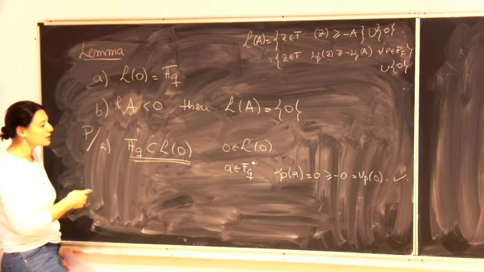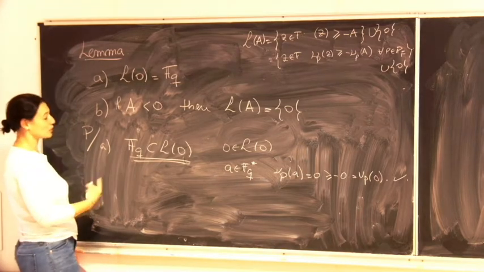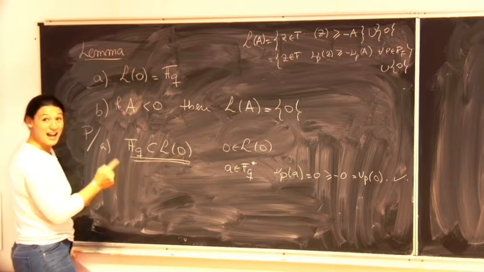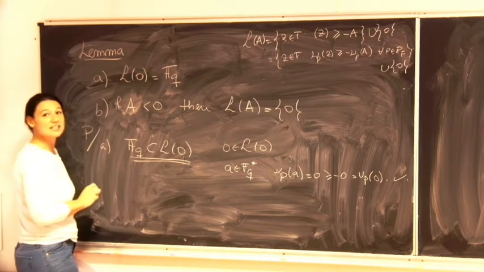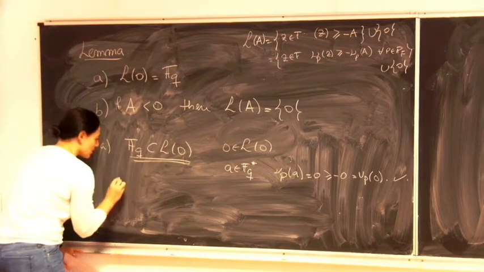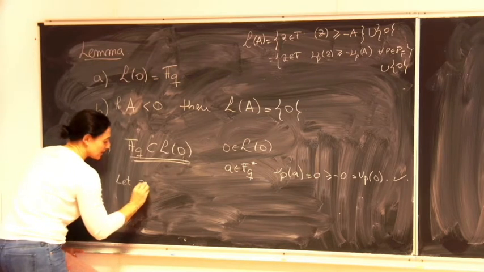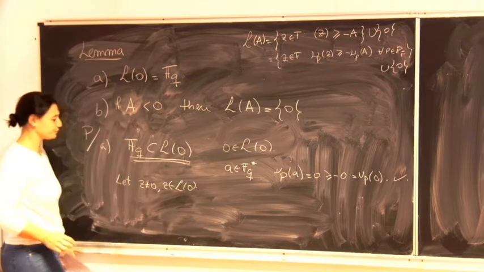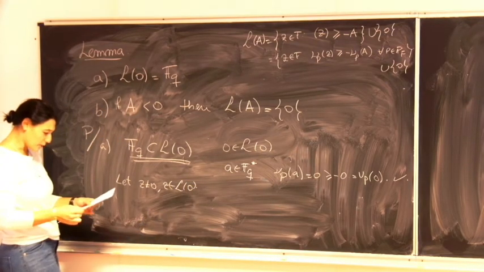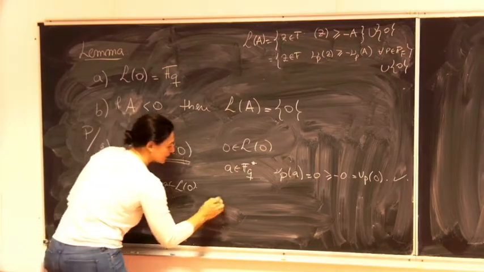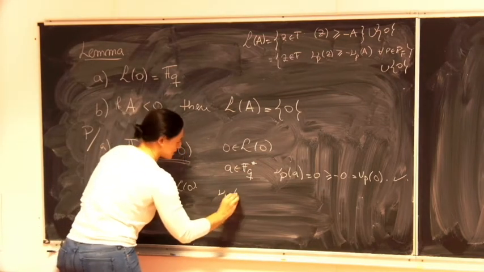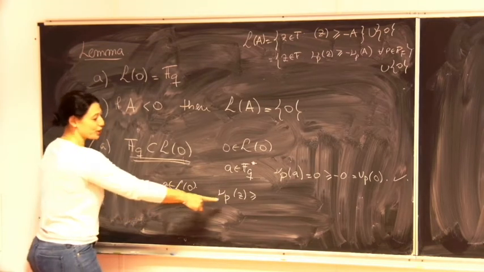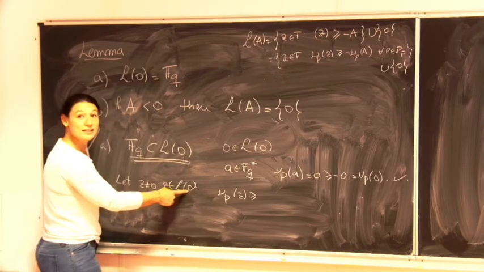So what happens in the other way around? If I pick a non-zero element of L of 0, I have to prove that it is inside F_q. So let c, different from 0, be an element of L of 0. Well, the valuation of this element at any P is always bigger or equal than the valuation at P of the 0 divisor.